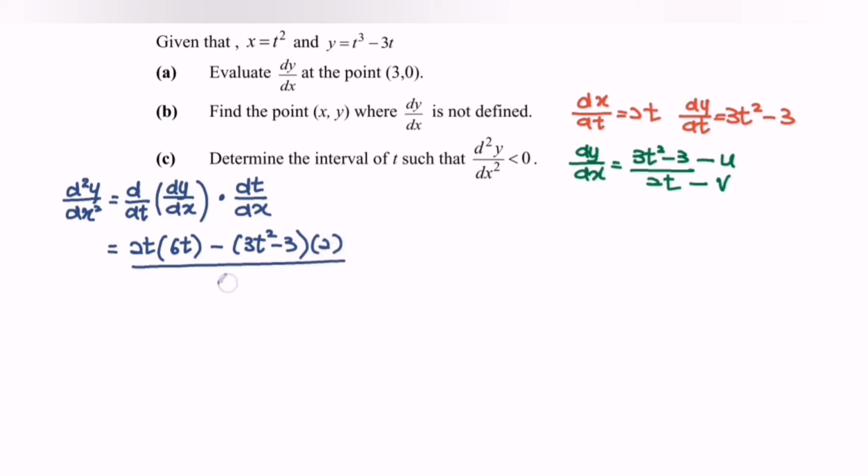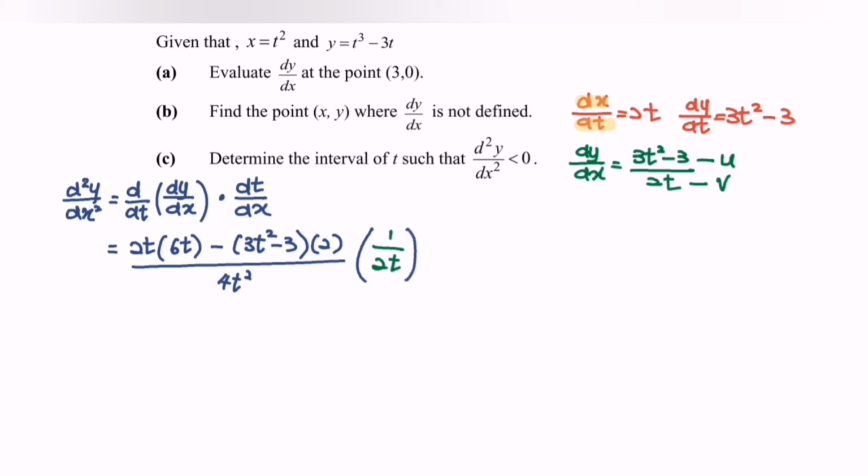So we will have 4t squared. Do remember to multiply by dt/dx. We have dx/dt, meaning we have to flip it, becoming 1 over 2t.